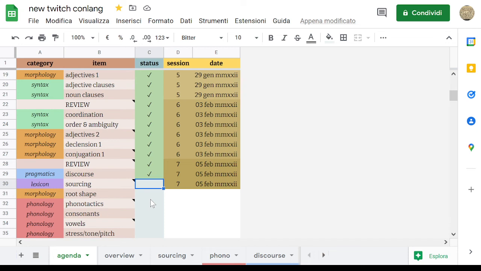We can cover root shape. I'm just trying to think about why. Oh, I remember. Okay.